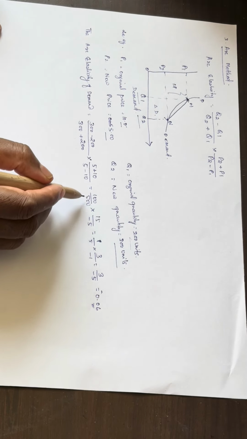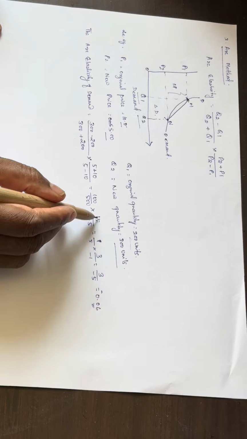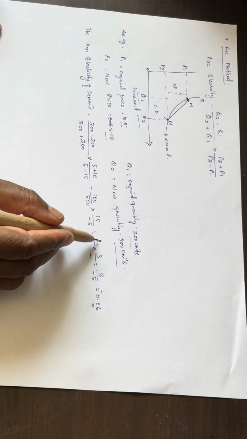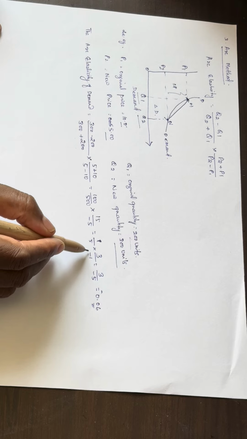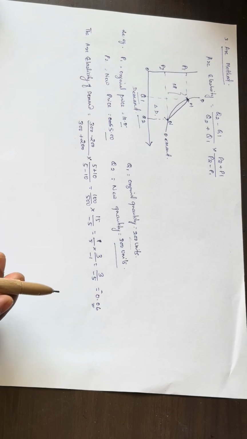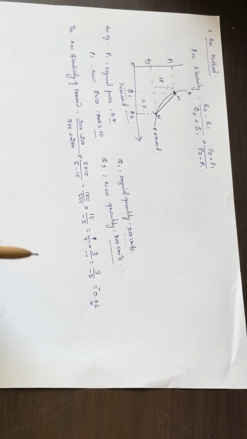That is equal to 100 divided by 500 into 15 divided by minus 5, that is 1 by 5 into 3 by minus 1, that is equal to minus 0.6.